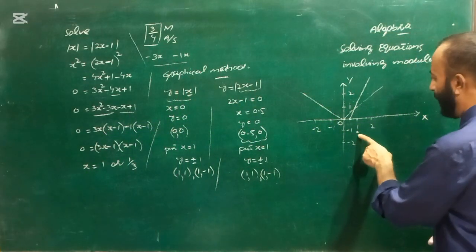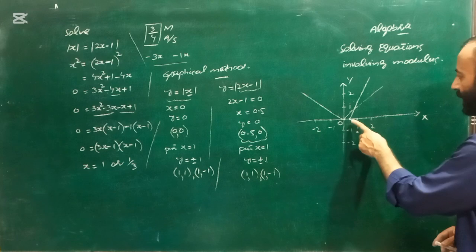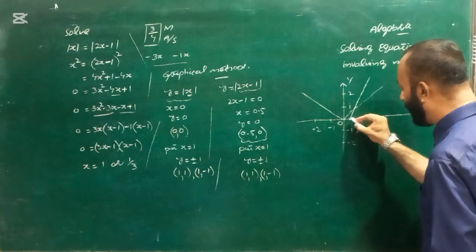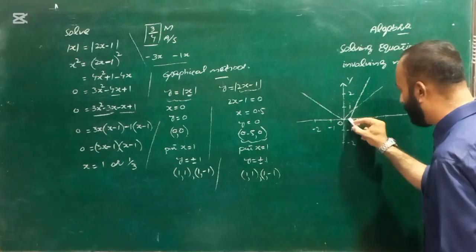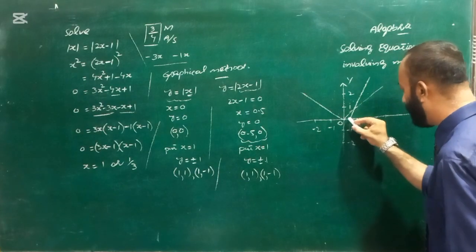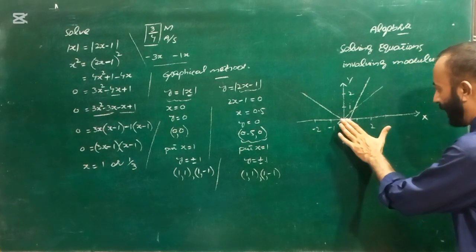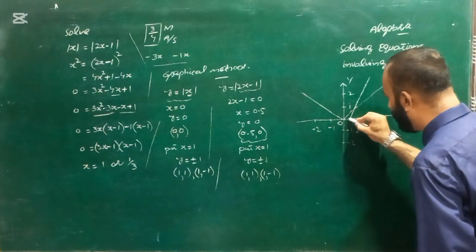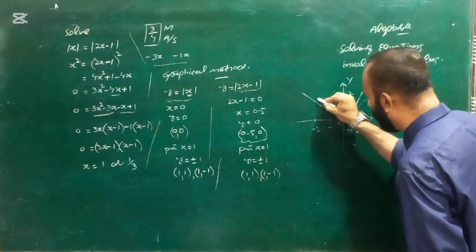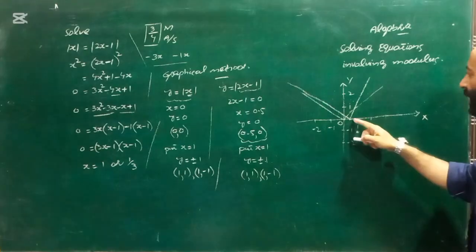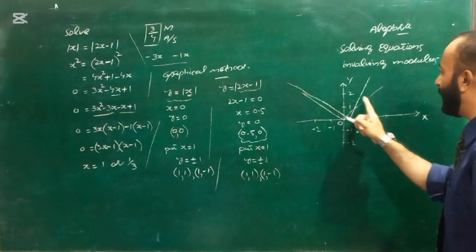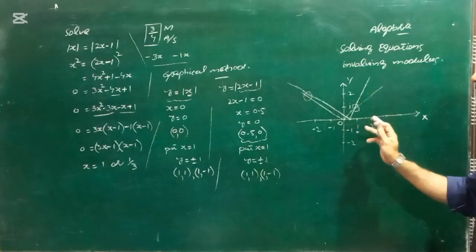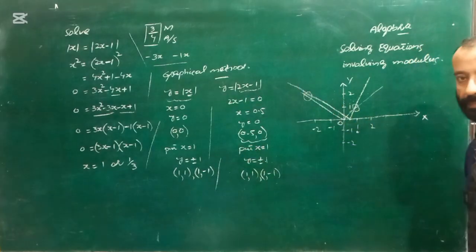Now you will join this 1, minus 1 with this point with the help of a scale. You will draw the line above the x-axis, above the vertex point, not below the vertex point. So join these 2 points with the help of a scale like this, and you will draw the line like this. And where these 2 graphs intersect each other, that will be the solution of the question.